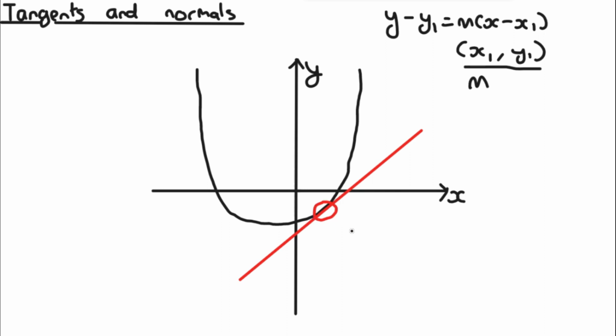And if we know the x coordinate of the point where the tangent touches the curve, and we know the function of the curve, then you can differentiate f of x to get f dash of x, the derivative, and then using that x coordinate you can find the gradient at that point of the curve. And remember that the tangent and the point at which it touches the curve have the same gradient, and you can use this to find the equation of a tangent at a specific point.